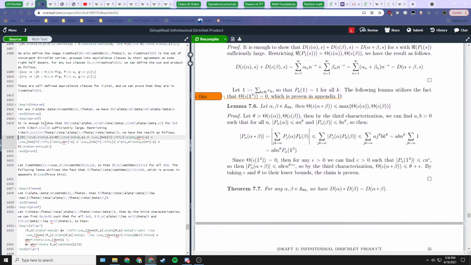Let me fix that real quick. This should be p sub n of alpha, and this should be p sub n of beta.